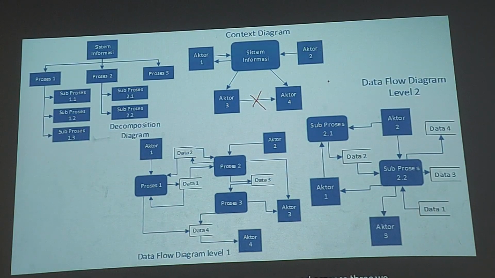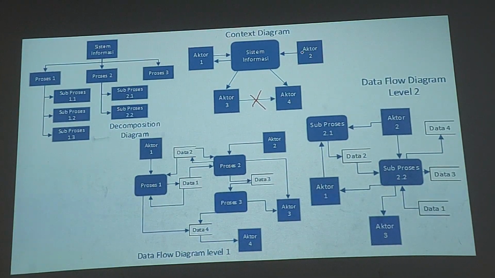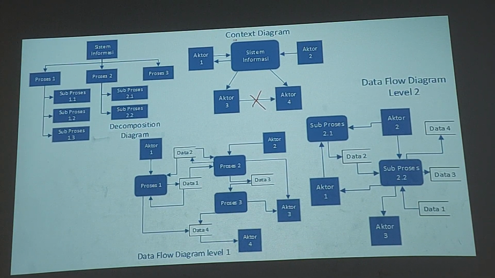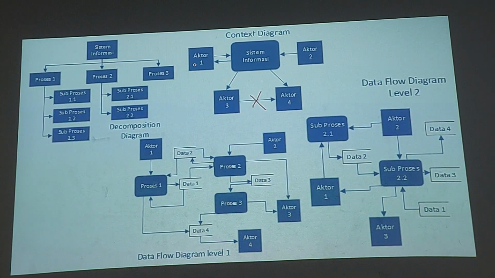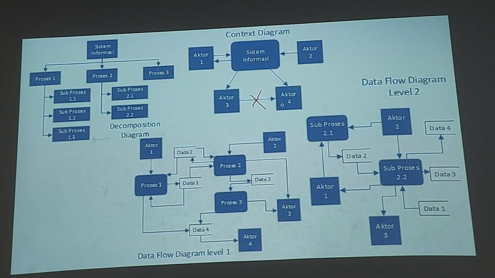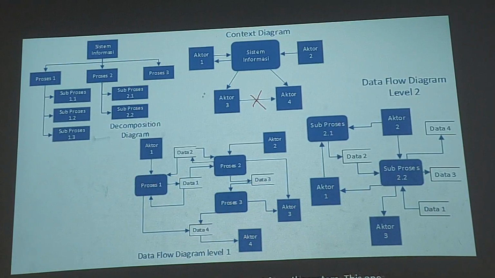And then in the context diagram, actor 1 will give input for the system information. Actor 2 gives input and receives output from the system. This one receives the output for actor 3 and actor 4.